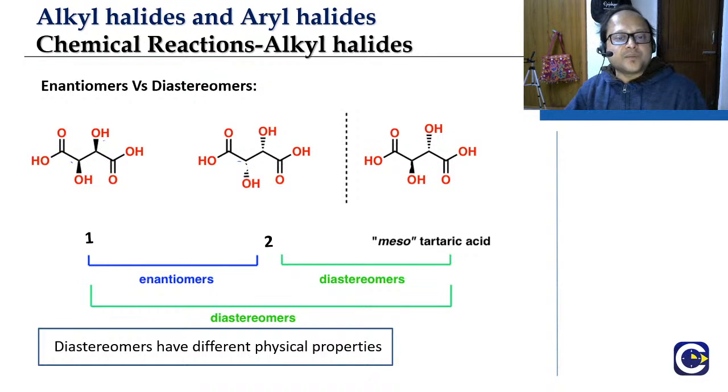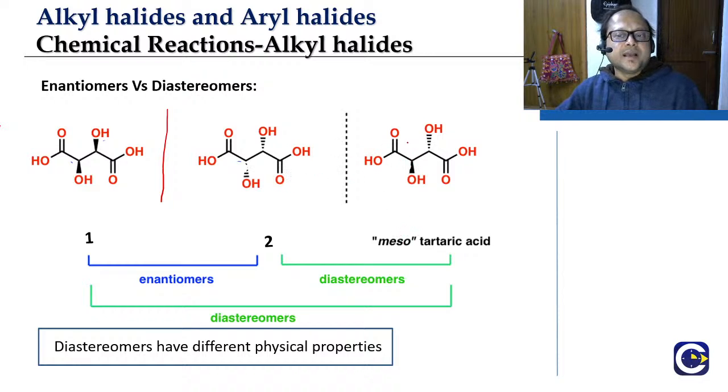So here's the example. Here, if you see, since these two OH are coming out of the plane, when you use a mirror, you get a new molecule with these two OH going inside the plane. So basically they are both non-superimposable mirror images, right? But there is a third possibility also, which is called meso-tartaric acid.